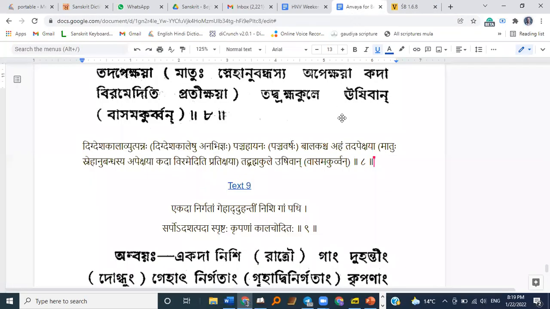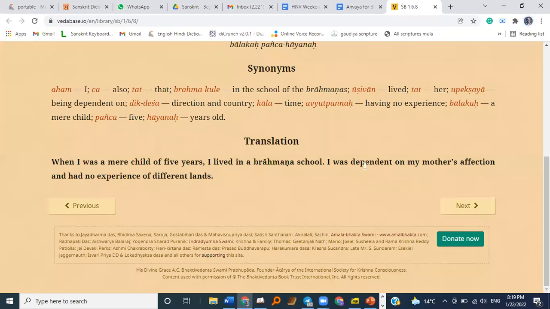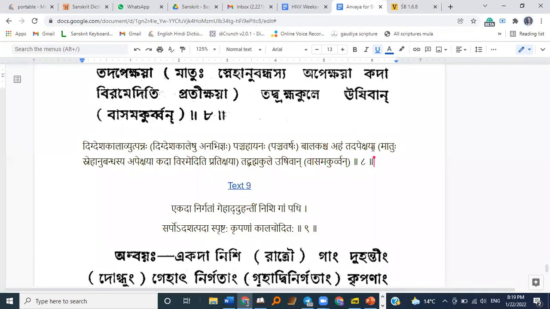And then tad aham tad apekshaya matuh sneha anubandhasya apekshaya kada viramit iti pratikshaya. So it is just that I was dependent on my mother's affection. Tad apekshaya, on her affection.